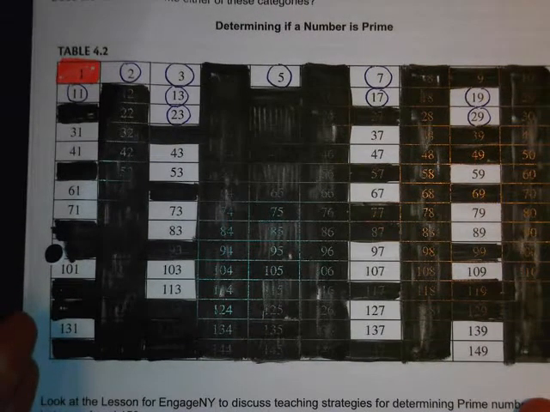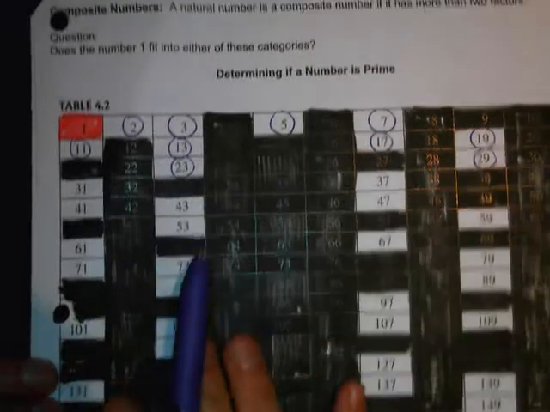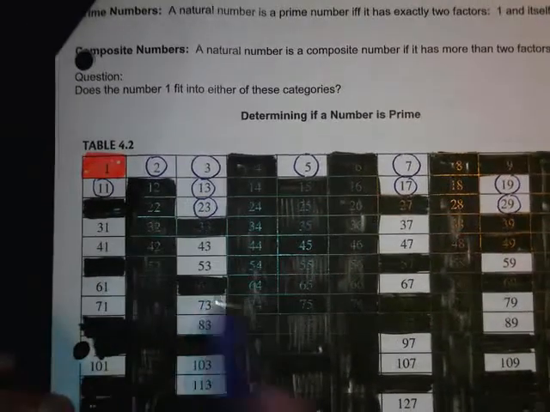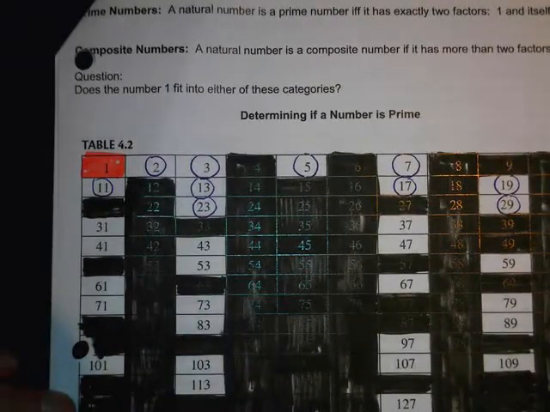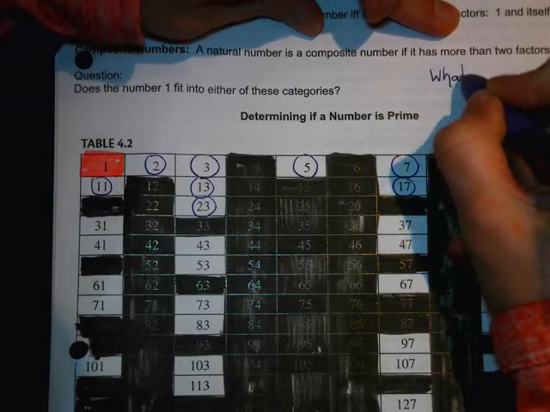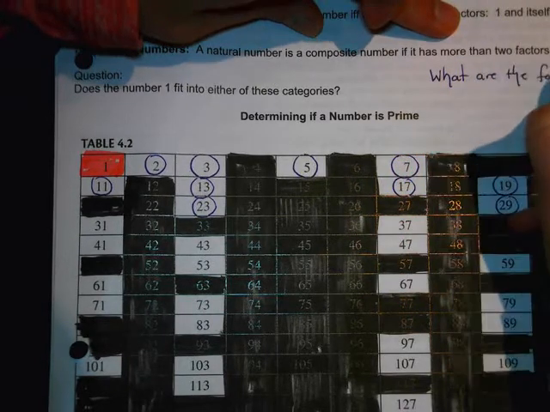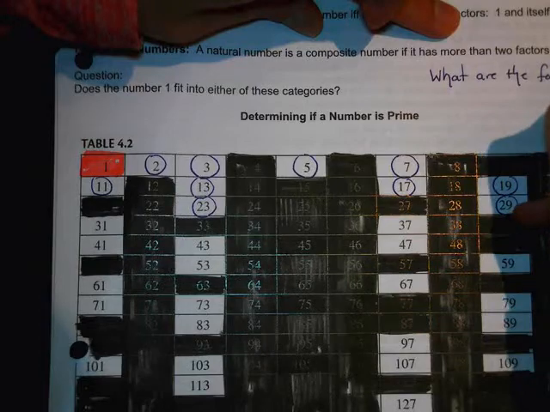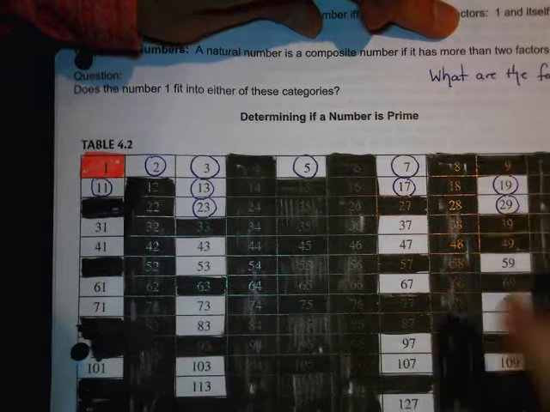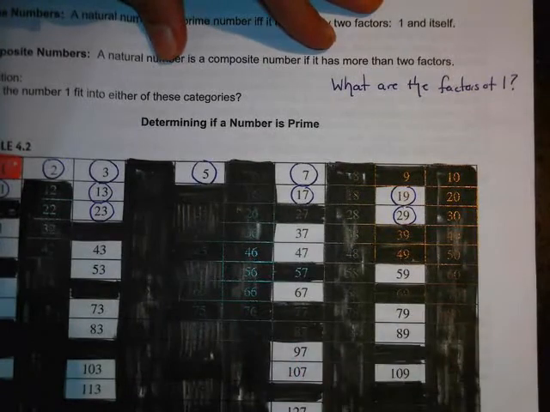So let me ask you a question. Why didn't we circle the 1? We said, oh, we just colored it in orange, but we didn't circle it. So what are the factors of 1? What are the natural numbers, not fractions or anything, just nice counting numbers, that when you multiply them together get you 1?